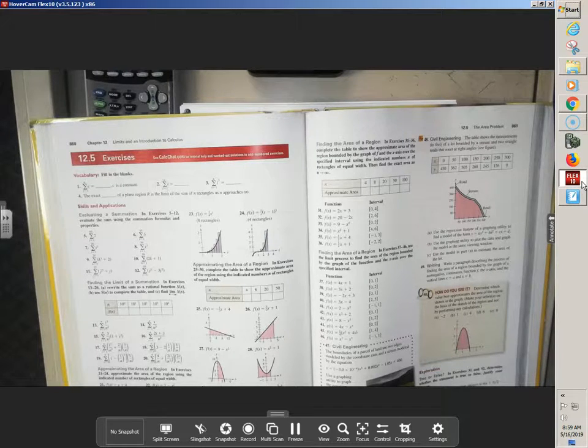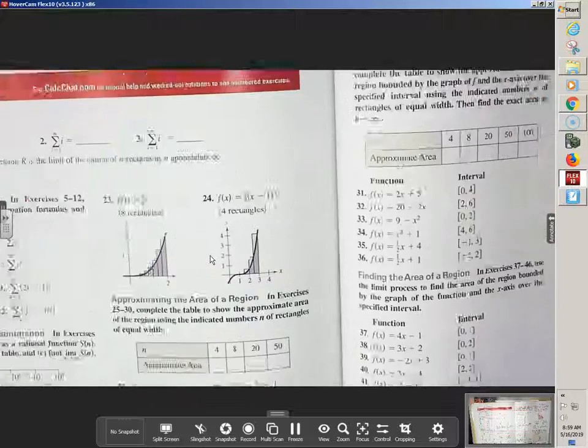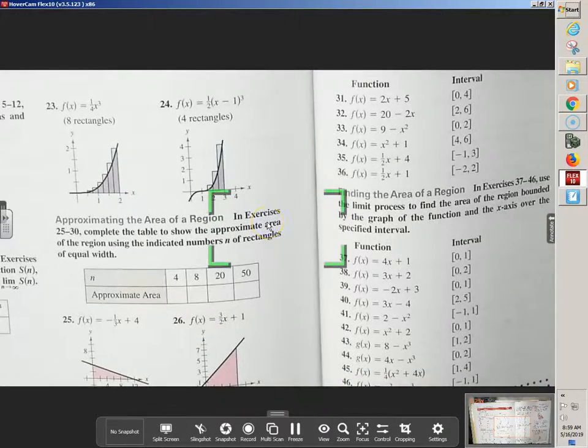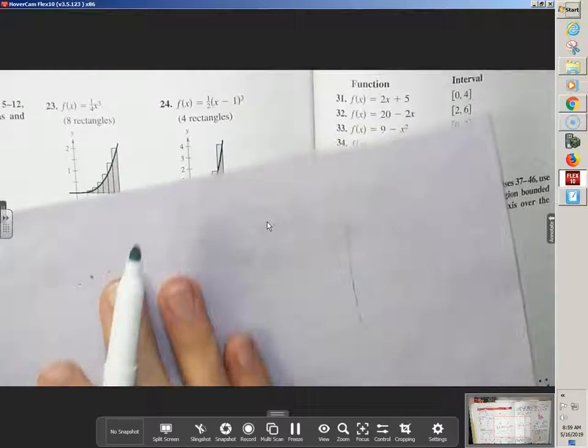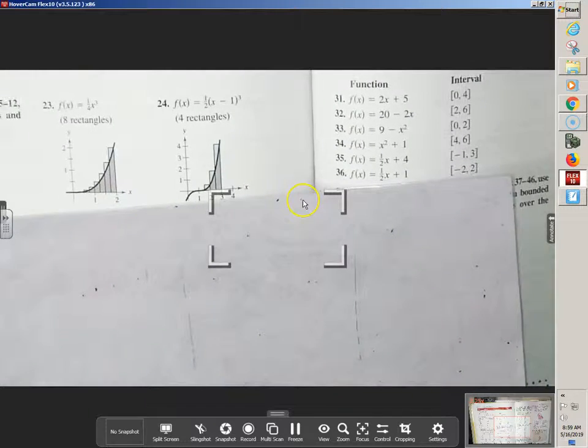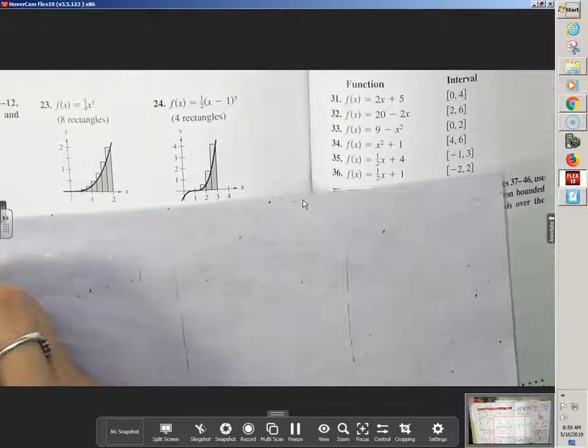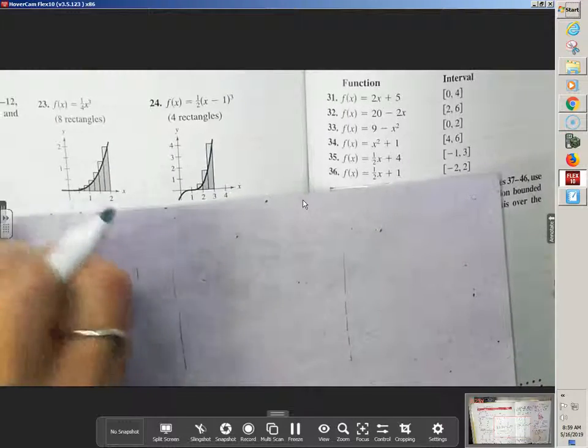Okay. Number 23 is first. We have 8 rectangles that we're supposed to be approximating the area under the curve with. So as I start, that's too zoomed in. Hold on, let me just write down my function. Not a green marker.